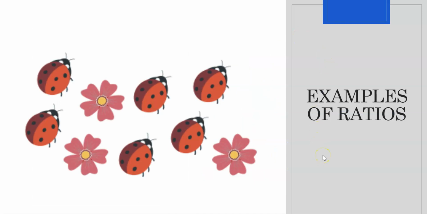Alrighty, so some examples of ratio. If we look at the ratio of flowers to ladybugs, we would say it's a ratio of 3, that's 3 flowers, 1, 2, 3, to 6, there's 6 ladybugs, so 3 to 6.